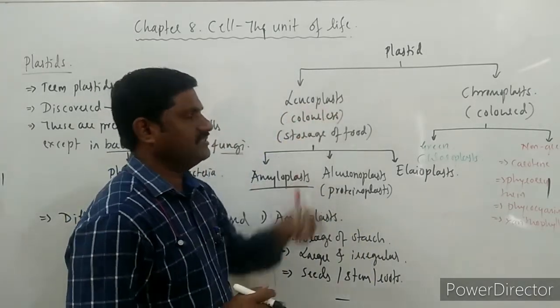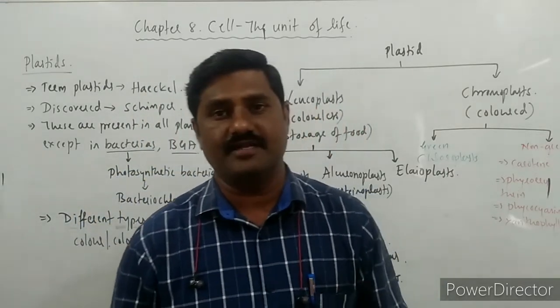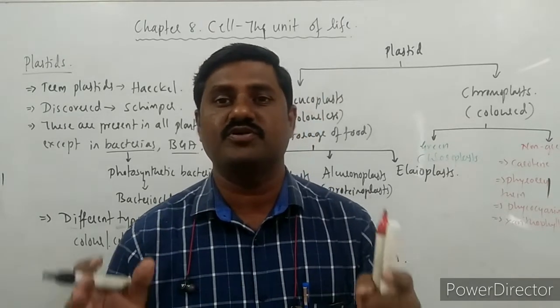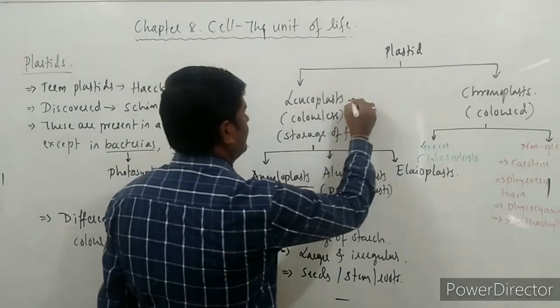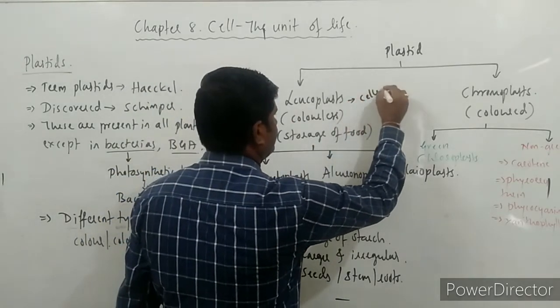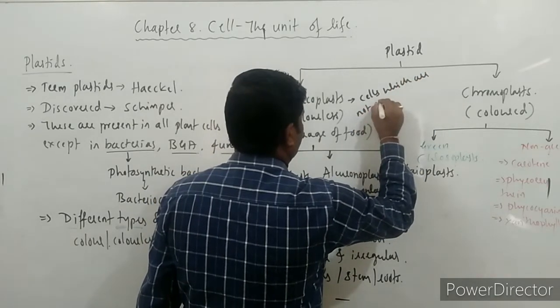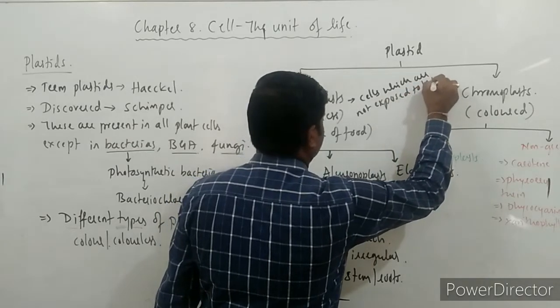So leucoplasts are the colorless plastids which are present in those cells which are usually not exposed to the light. Point to be noted. Leucoplasts are present in the cells which are not exposed to light.